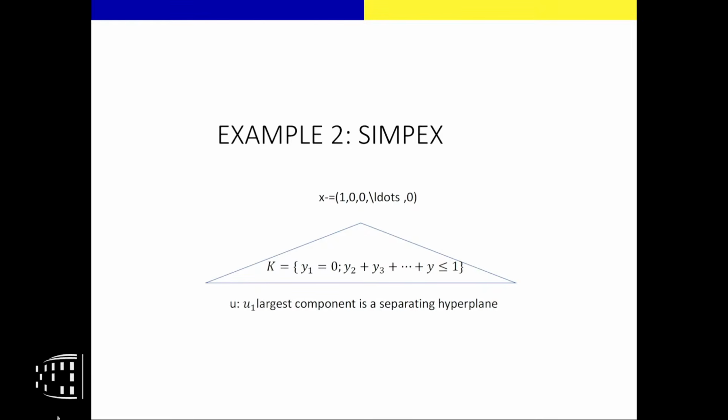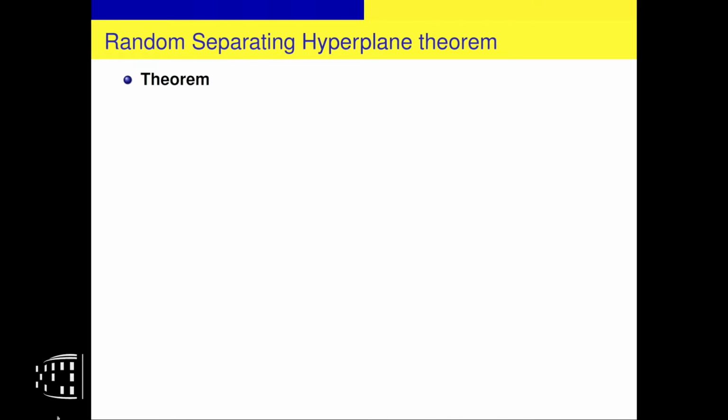The probability that u has the largest component as u1 is 1 over d, so that's 1 over poly. So with 1 over poly probability, you do get separation if it's a simplex. If it's a ball, you don't get separation. These two examples will give you the theorem, not the proof, but the theorem statement.